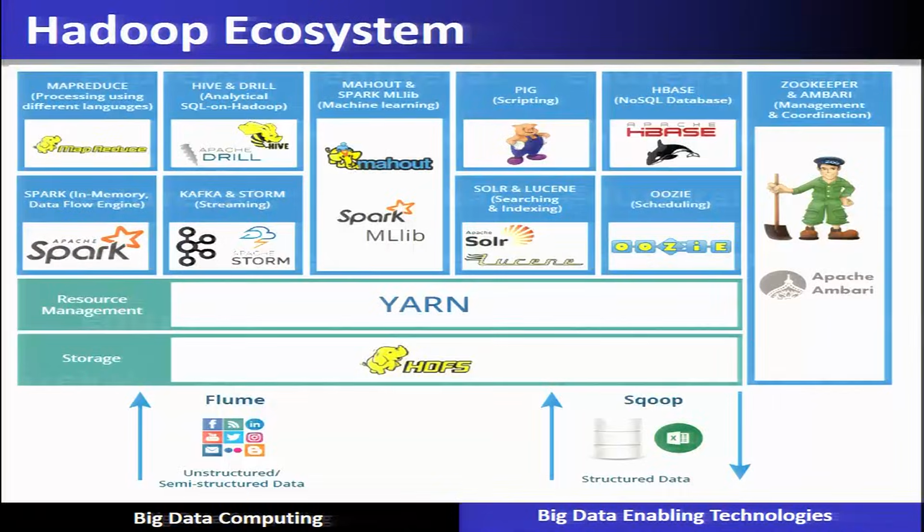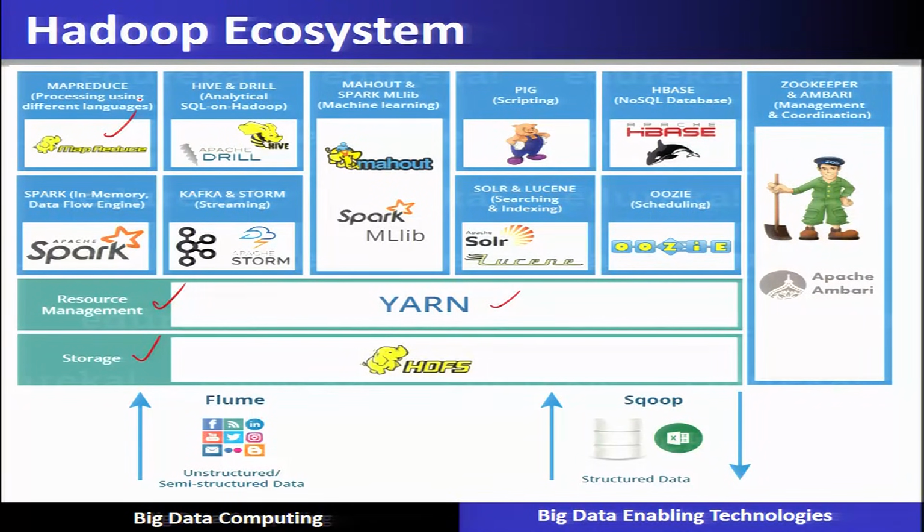This entire Hadoop ecosystem is shown in this simplified picture. HDFS provides storage for big data. The resources like CPU, memory and others are allocated or managed by Yarn for different applications like MapReduce.